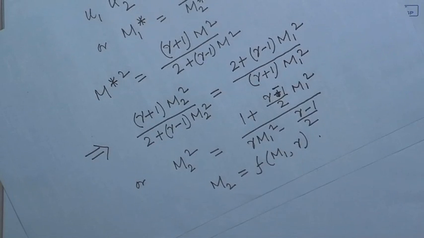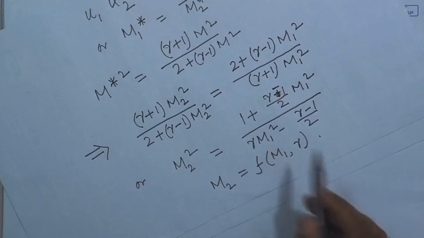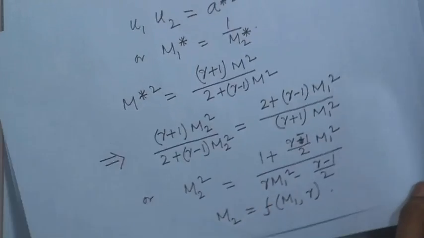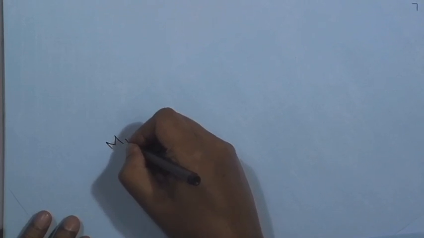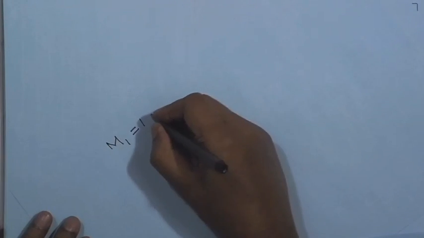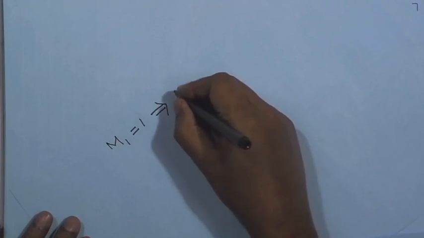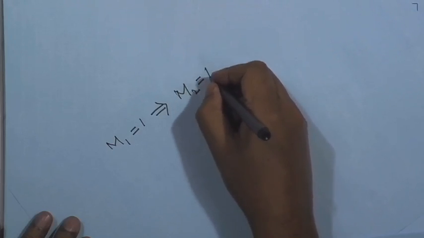You can see here that if M1 is 1, then M2 is also 1.